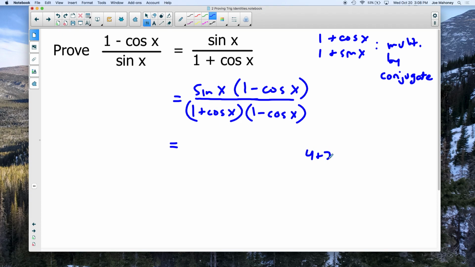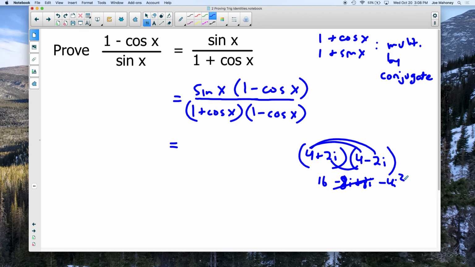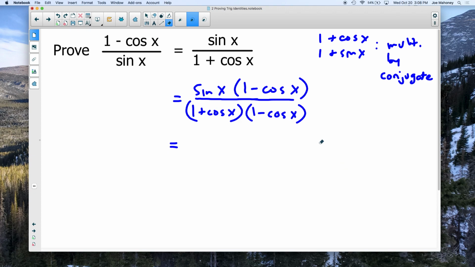If you have 4 plus 2i and you multiply it by 4 minus 2i, when you do your distributing you get 16 and a minus 8i, and a positive 8i, those cancel each other out. And 2i times negative 2i is negative 4i squared, which is really positive 4. So when you multiply two conjugates together, you're really simplifying a lot of stuff. And look what this will simplify to.